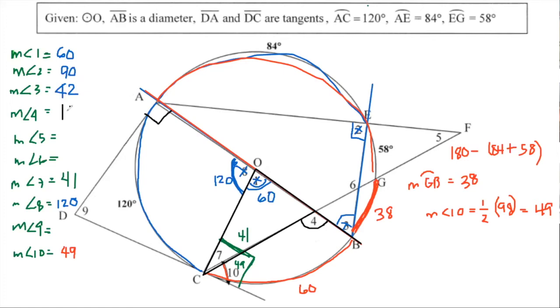So it's 101. What's the other way to get number 4? You can add 41 and 60, then subtract from 180, and you will get 79. Since 79 and 4 are supplementary, this should be 101.